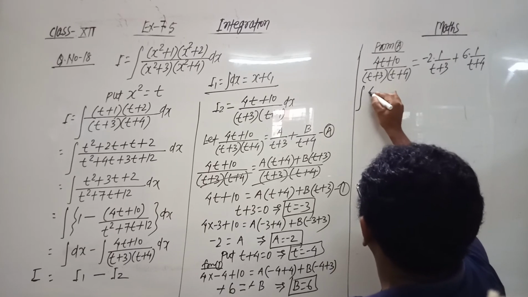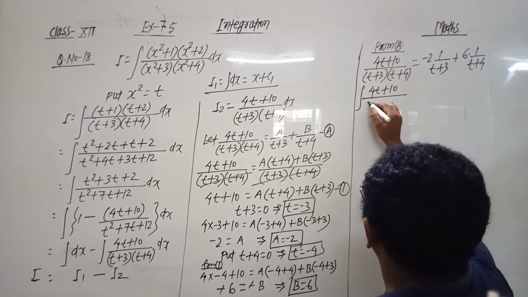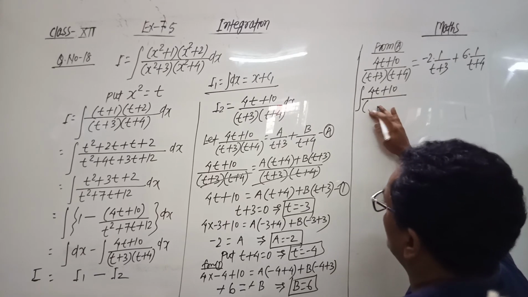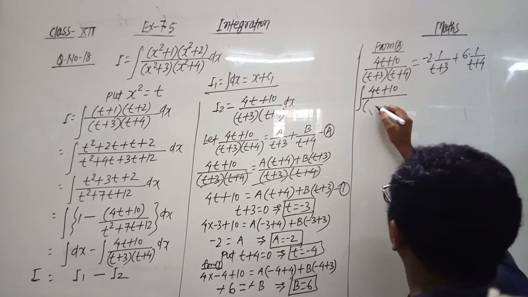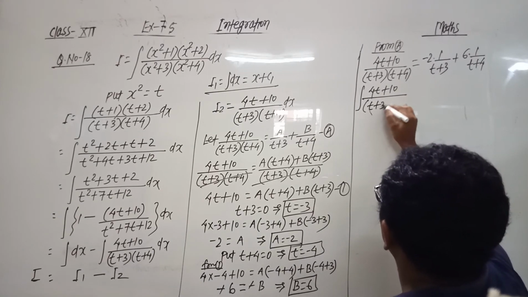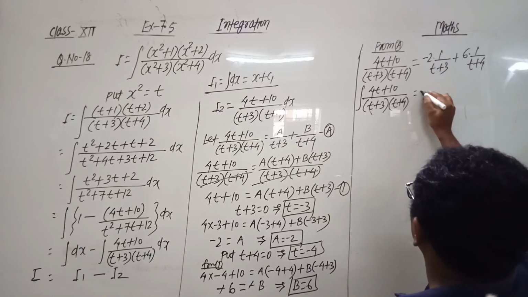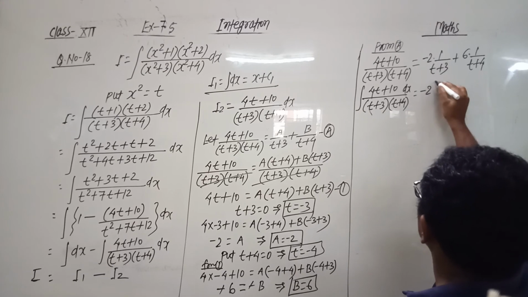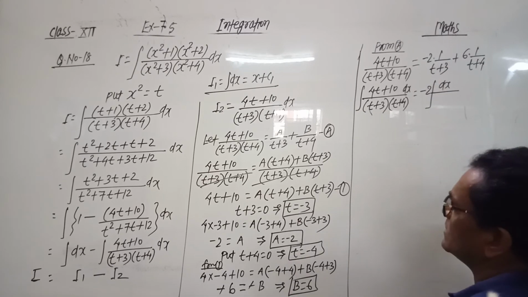So integration of 4t plus 10 upon t plus 3 and t plus 4 equals minus 2 integration dx upon, put the value of t also.